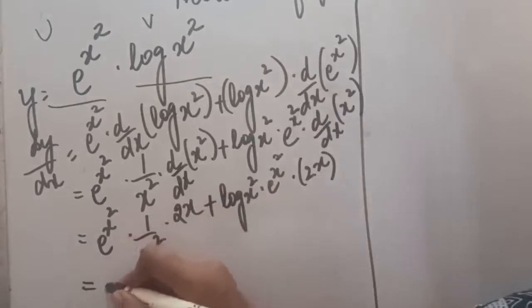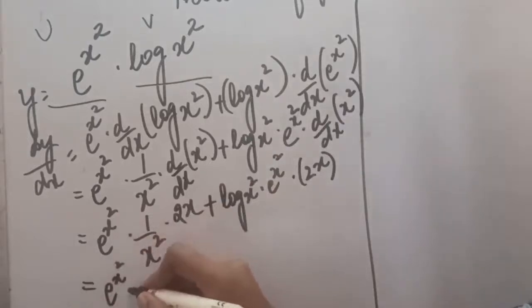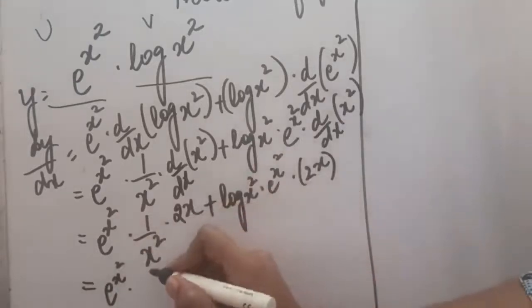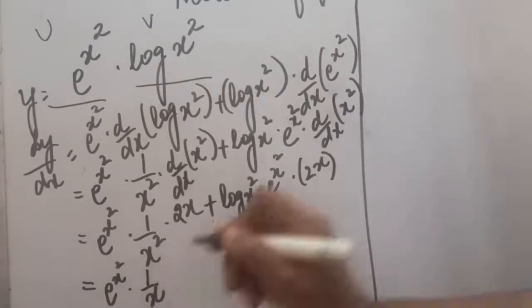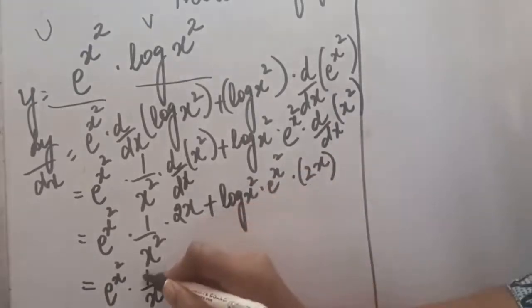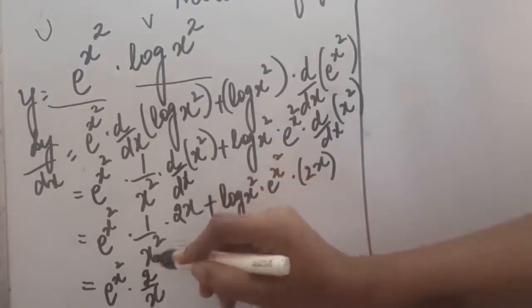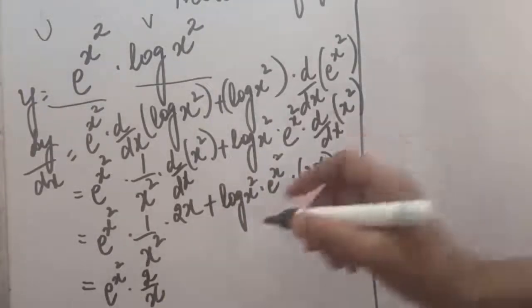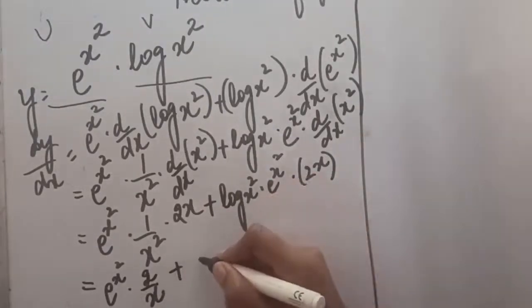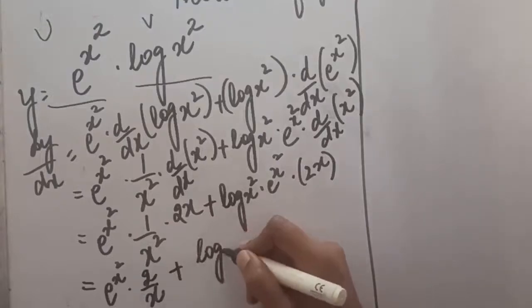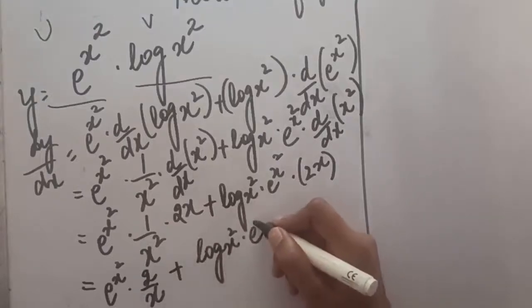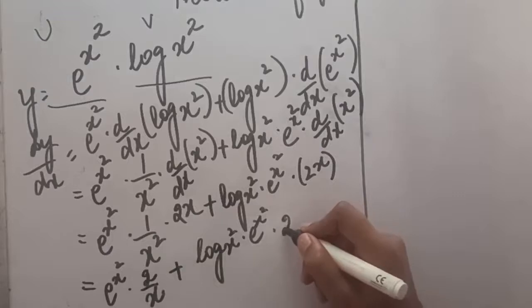So this will be e^(x²) into, now this one x can be deleted, so it will be 1 upon x, 2 upon x, 2 will be there, one x is deleted, so 2 upon x, plus this will be the same log x² into e^(x²) into 2x.